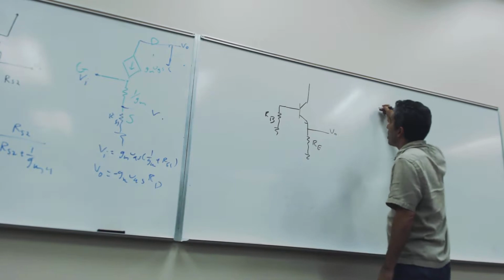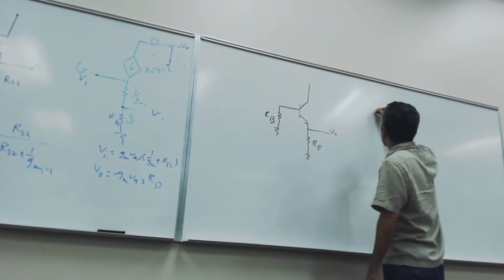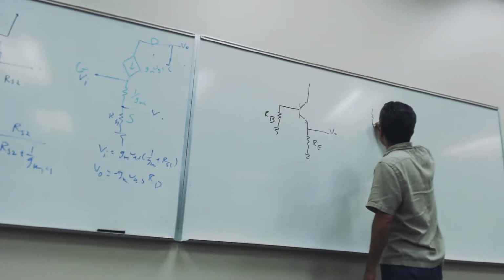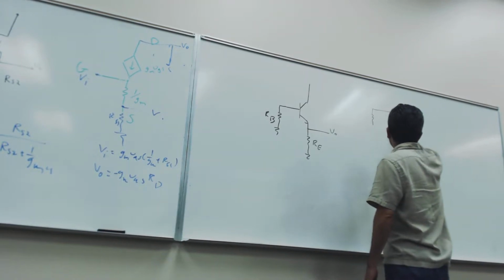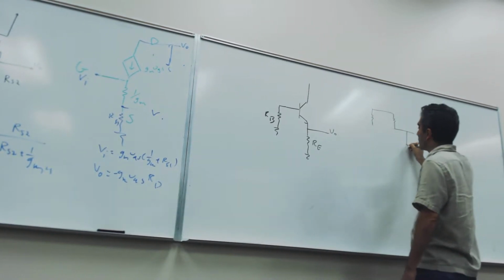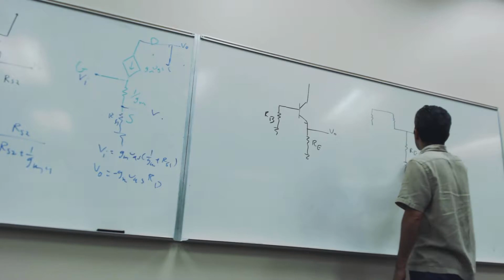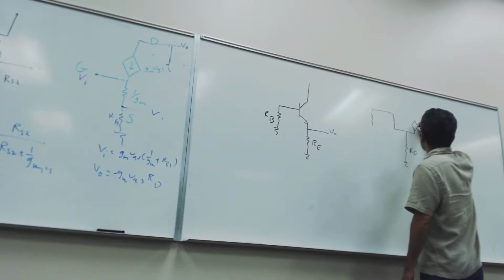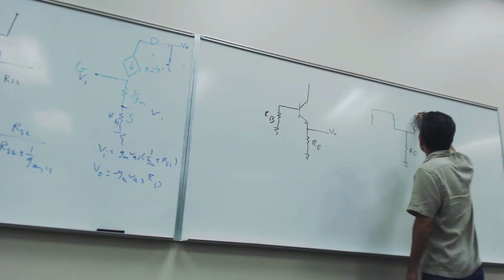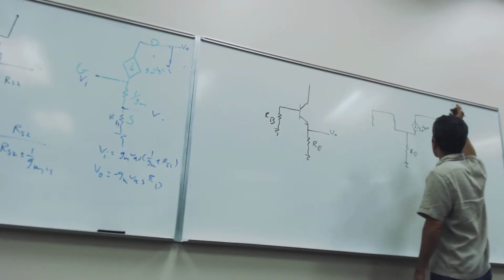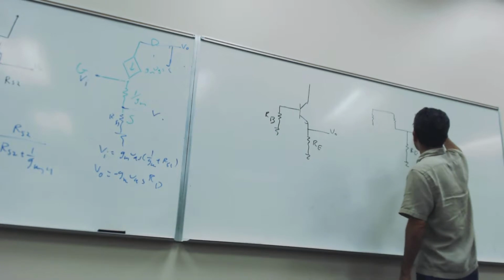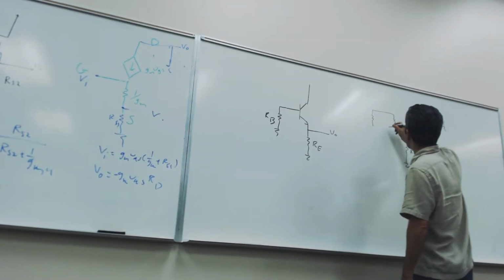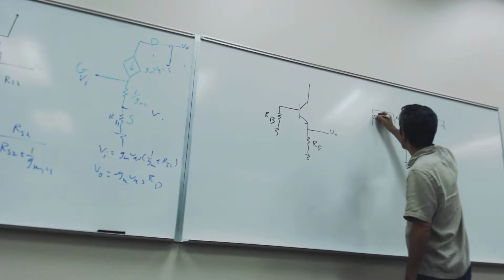So let's do the small signal model. You have RB and then R pi and then RE. And this is GM VBE. Let's assume lambda is large. I'm sorry, 0. So R naught, we don't need to deal with R naught. That's R pi.